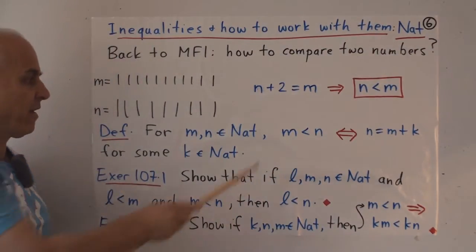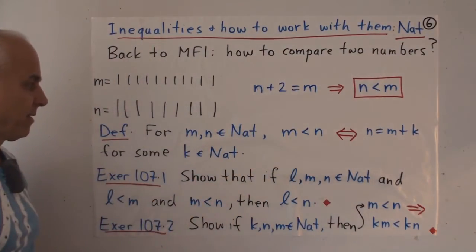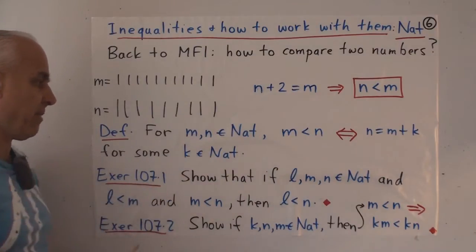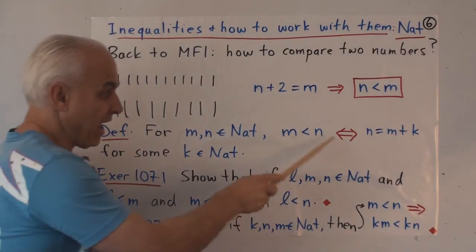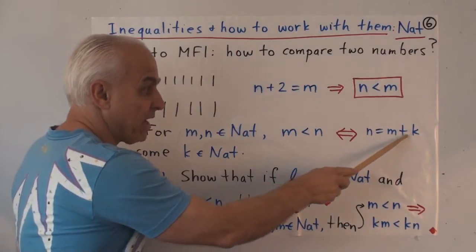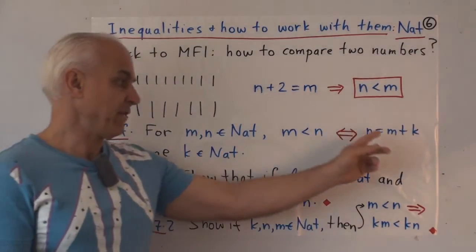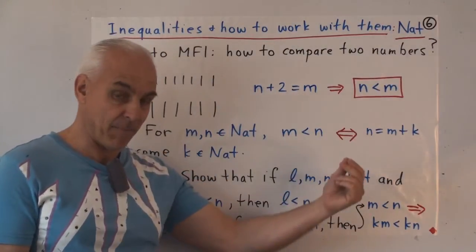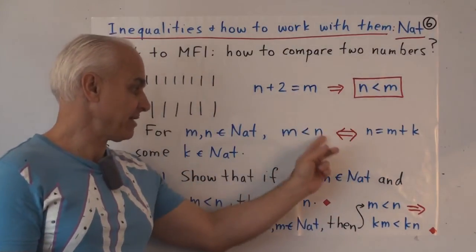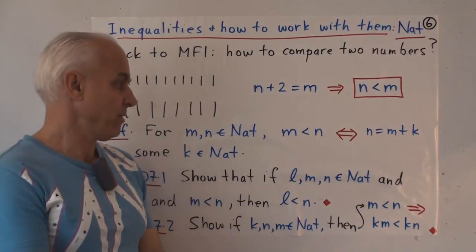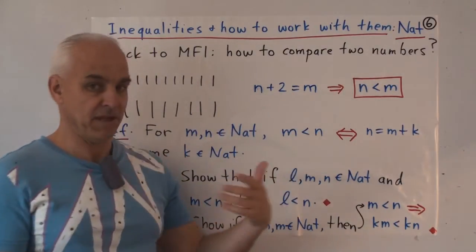What does it mean for m to be less than n, for natural numbers m and n? Well, it means that n is equal to m plus k for some natural number k. If we can get from m to n by adding something, then m has to be less than n. Or n is greater than m, same thing.